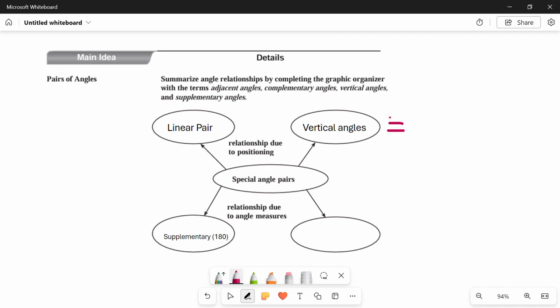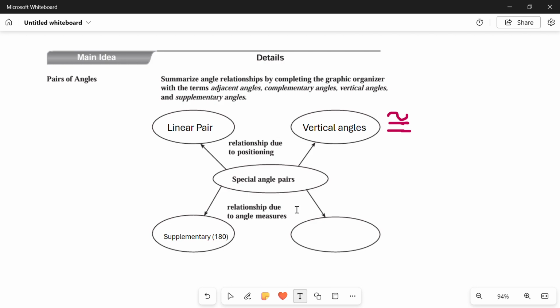But they're not exactly equal because they have a different location. So we use this symbol with the little tilde on top, like the Enye symbol. That means they are congruent. And congruent means they have the same measure. So they're the same size, however you might measure them.